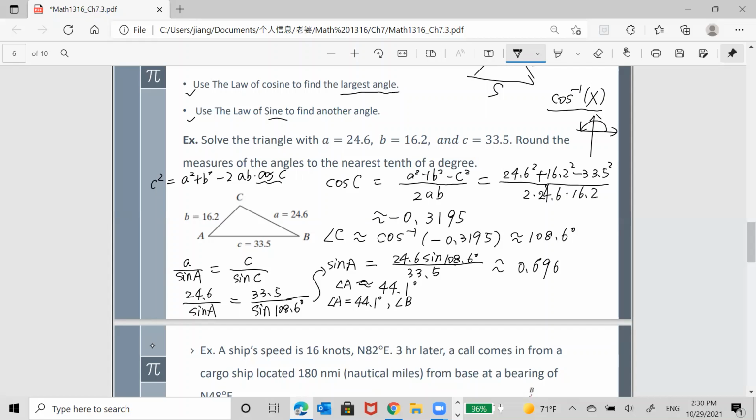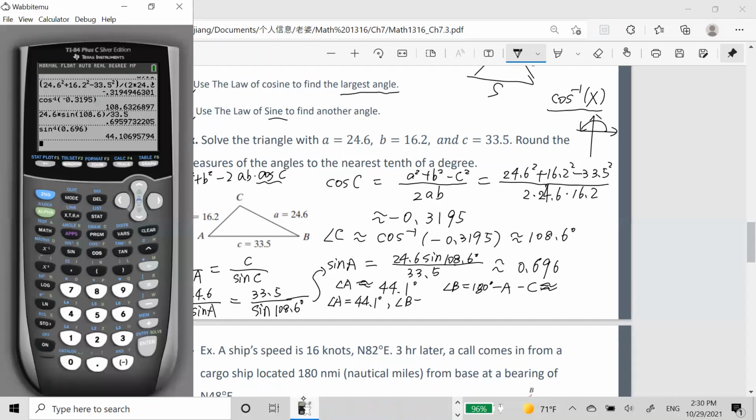Angle B, oh, I haven't solved B. The last step is angle B. Angle B is 180 degrees minus A minus C. So 180 minus C, 108.6, and then minus A, 44.1.